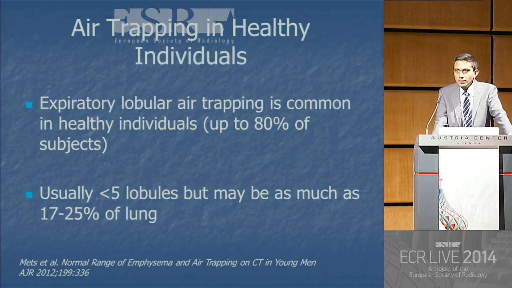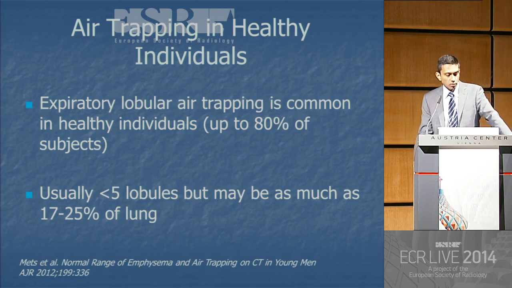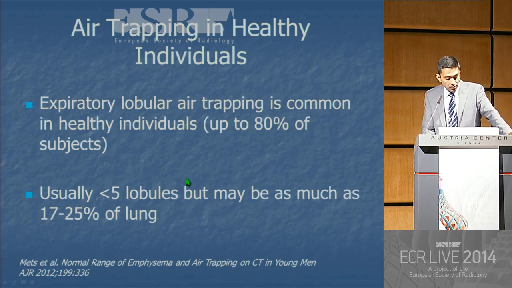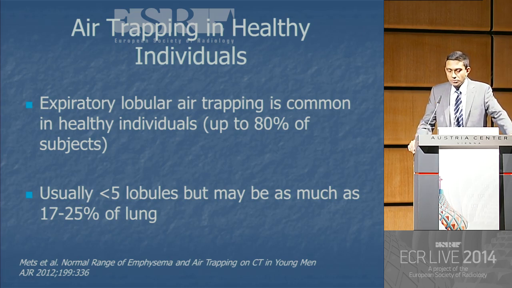Usually the extent of air trapping is fairly mild, no more than 5 lobules would be a typical maximum, but that doesn't include all healthy individuals. Some studies have shown that up to 25% of the lung can become air-trapped in healthy asymptomatic individuals.